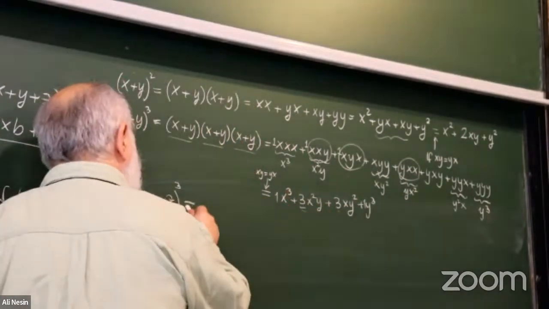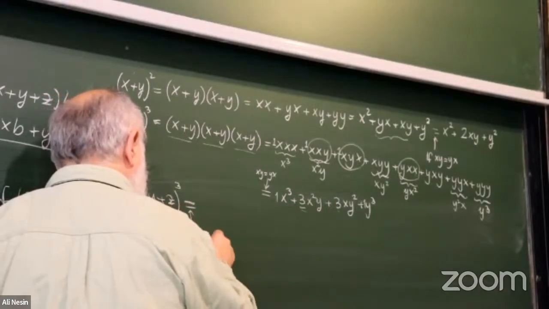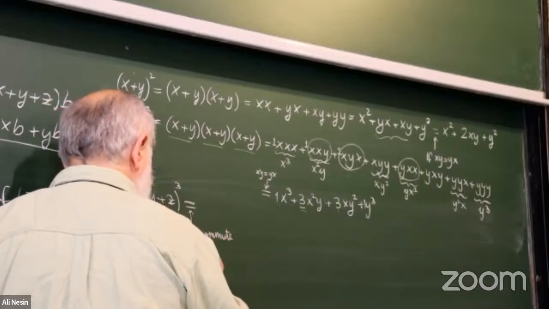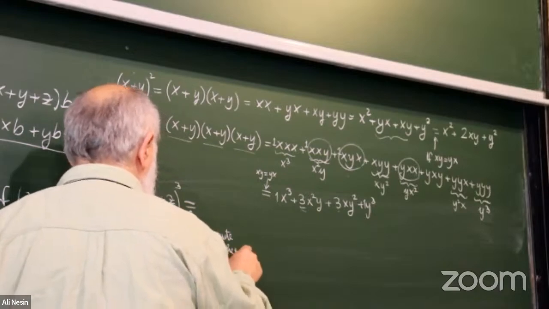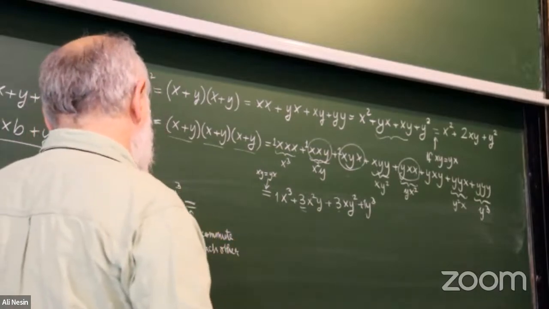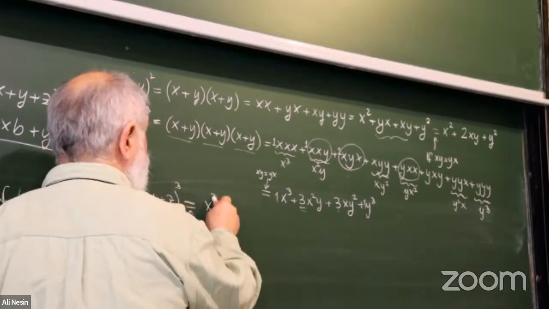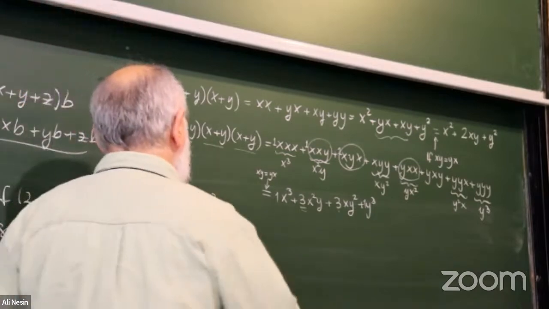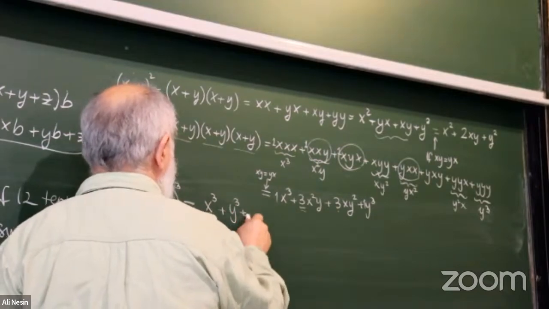If x, y, z commute with each other, what do we get? Well, first of all, we'll get x cubed, y cubed, and z cubed also.